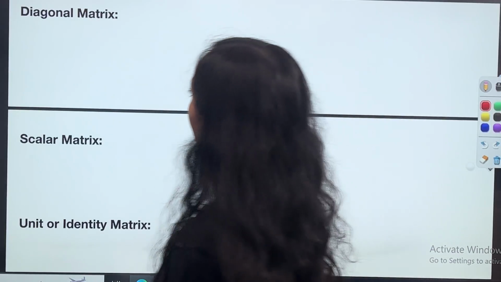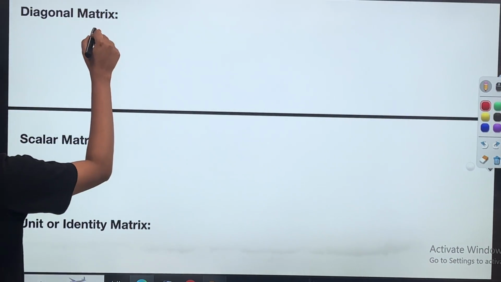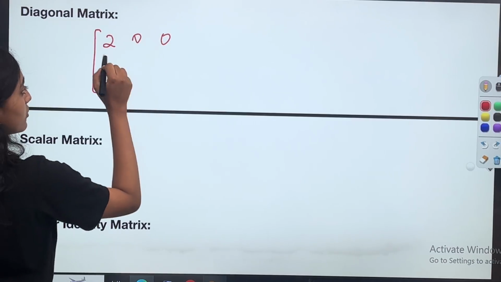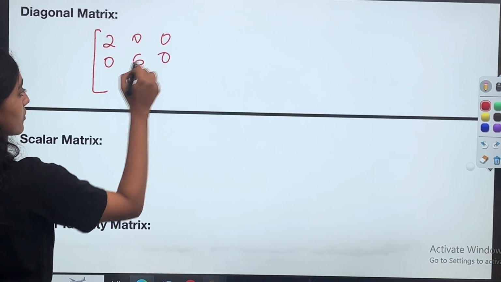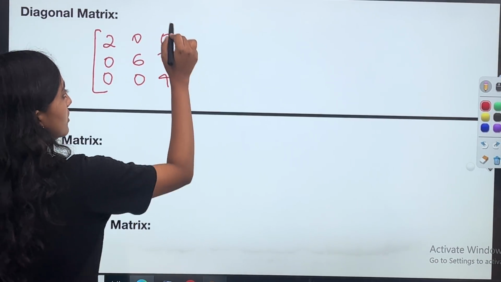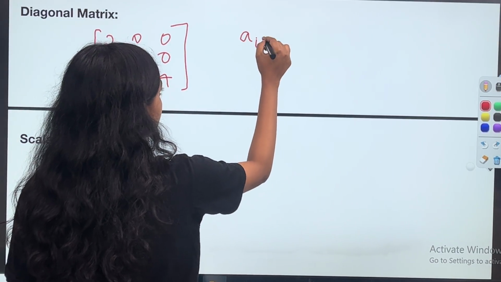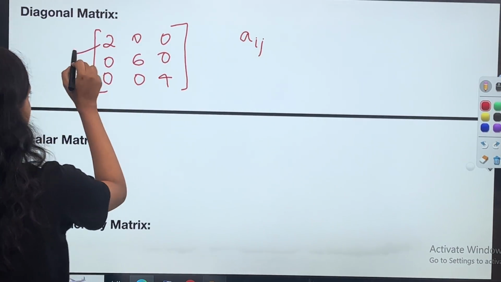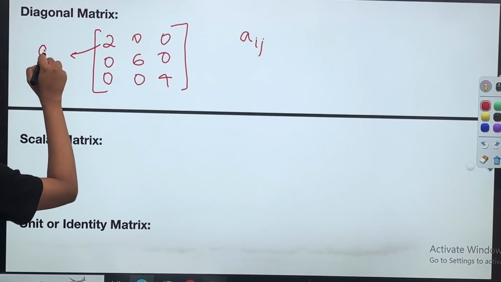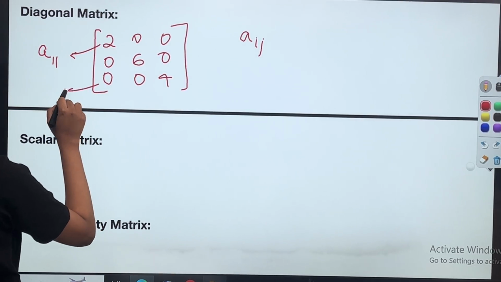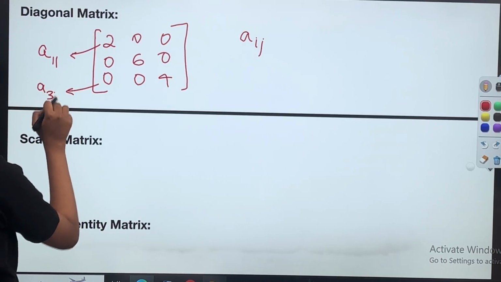So what is a diagonal matrix? In a diagonal matrix, you can have say 2, 0, 0, 0, 6, 0, 0, 0, 4. Basically how you denote it is that if you consider an element as A, and then the first row is 1, the column is 1, this is A1,1. For example, if you take this one, it's A3,1.